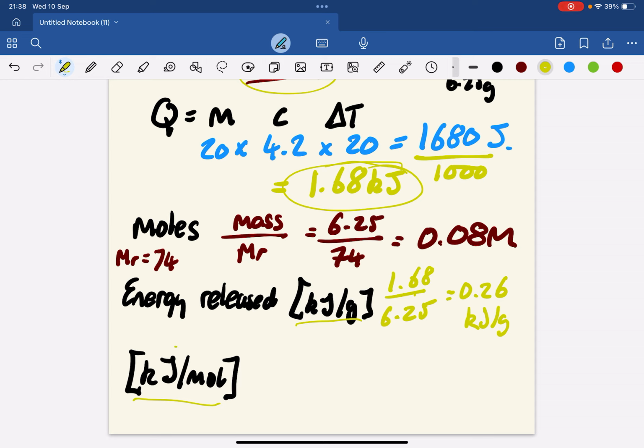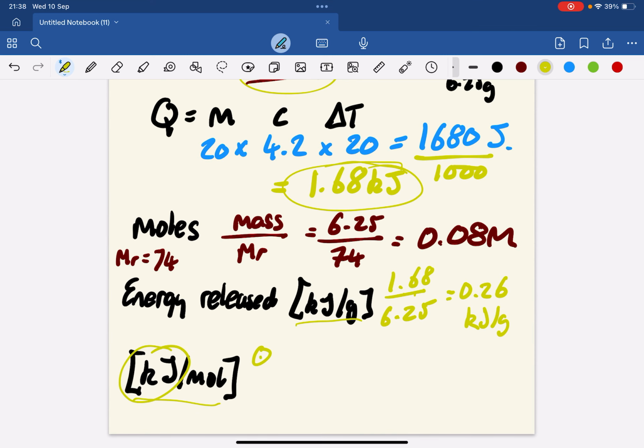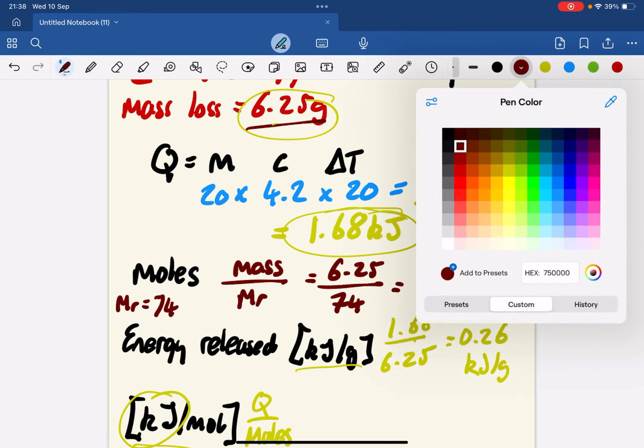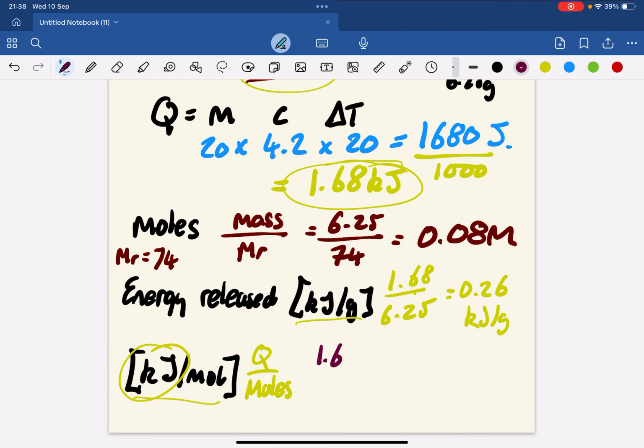For kilojoules per mole, we need to use our Q again. So it's going to be Q divided by the moles. Our Q was 1.68 divided by the number of moles, which was 0.08.